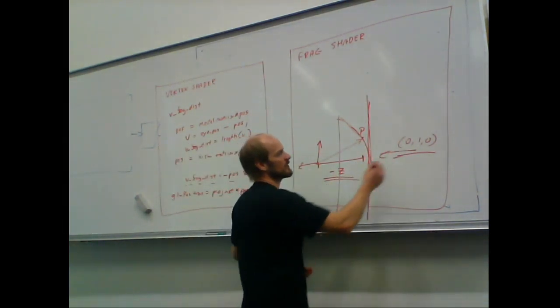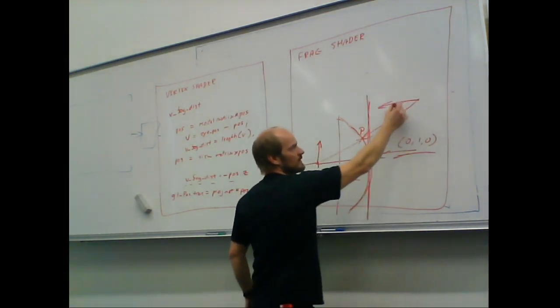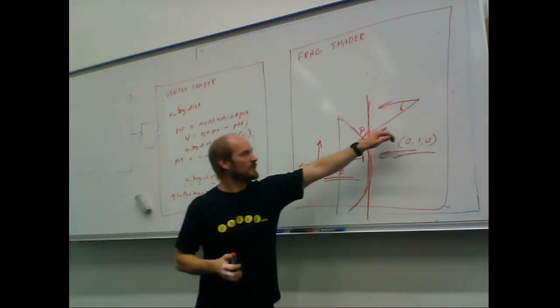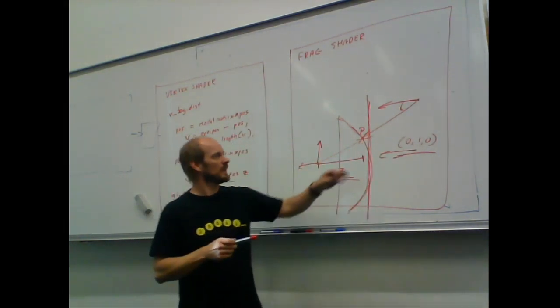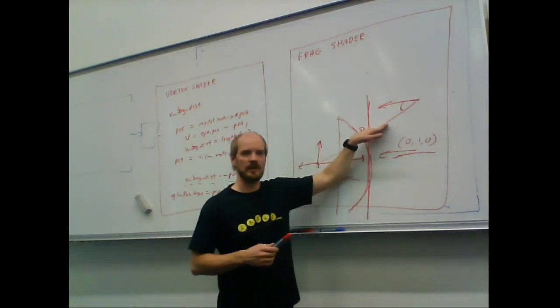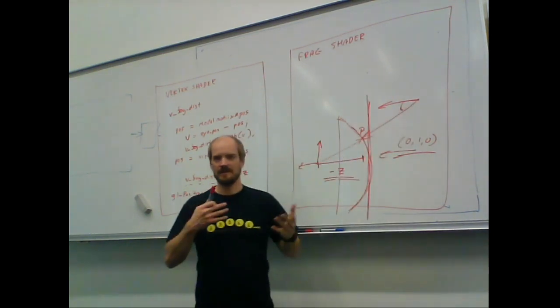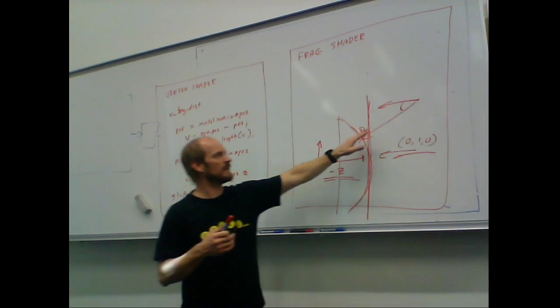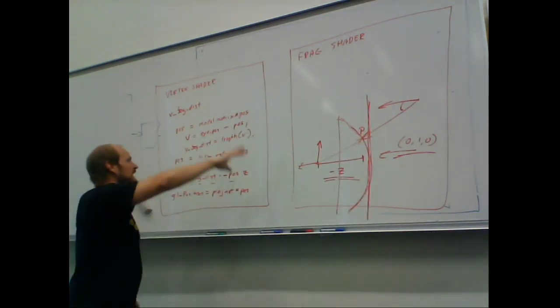And it kind of works. If you're here, it's actually pointing here, but the true vector should be pointing here. So OpenGL allowed you to set a flag that was called local coordinates. If you set this local coordinates flag true, it would calculate the correct vector here. But by default, it would just use this straight back vector. It's a little bit cheaper to calculate, a little bit less exact.